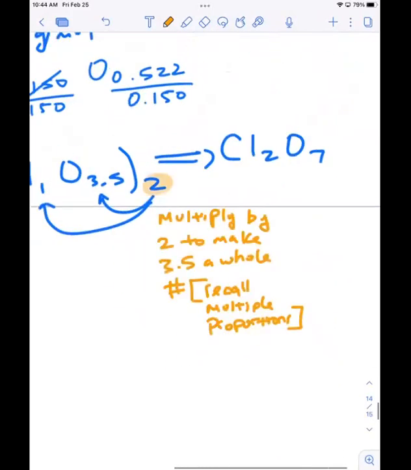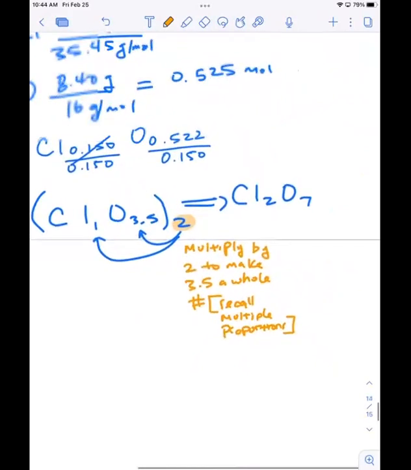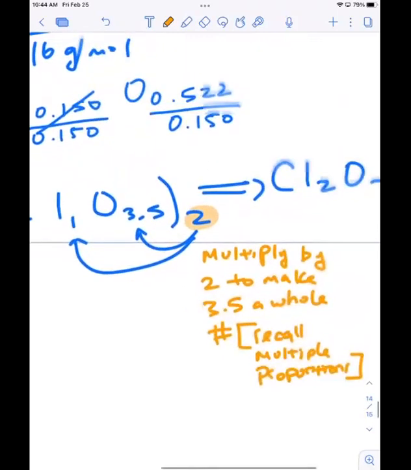Right, so we did this same thing when we were working on the law of multiple proportions, where we would come up with some fractional ratio, 2.5 over 1, and then multiply the top and the bottom by 2 to get 5 over 2. That was a test question. It's the same idea: you have a fractional subscript, you have to make it whole.